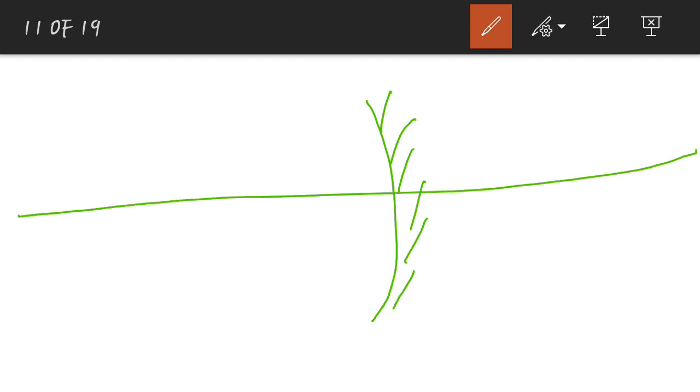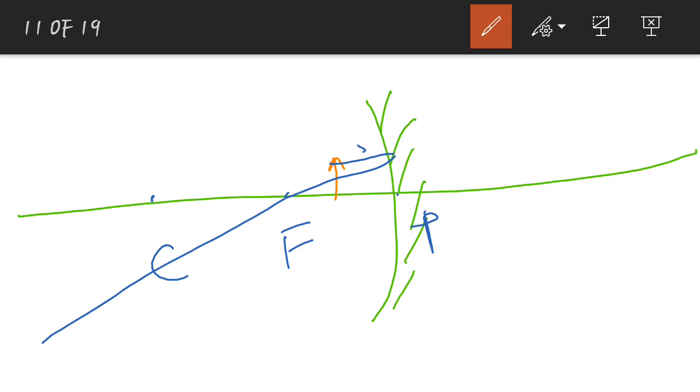So how to draw this one? This is a concave mirror, with the principal axis. This is the pole, this is the focus, this is the center of curvature. If we keep an object here between pole and focus, this is our object, and now a ray parallel to the principal axis passes through focus.